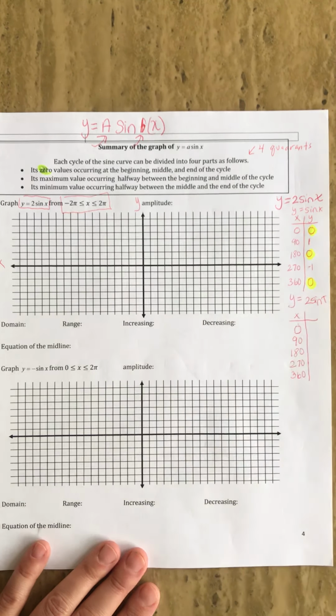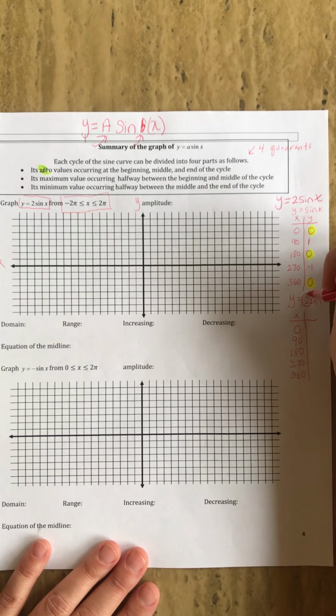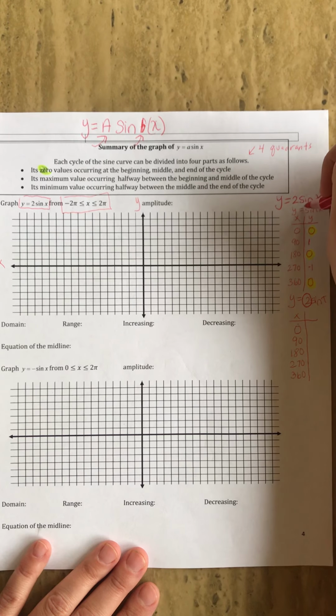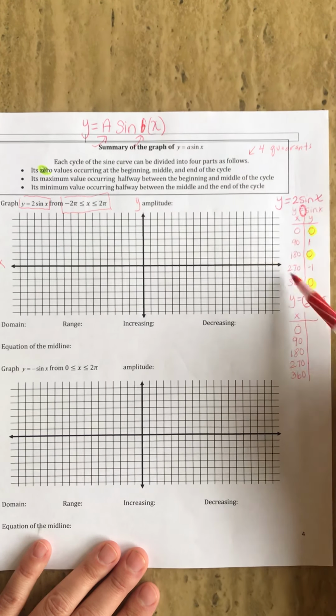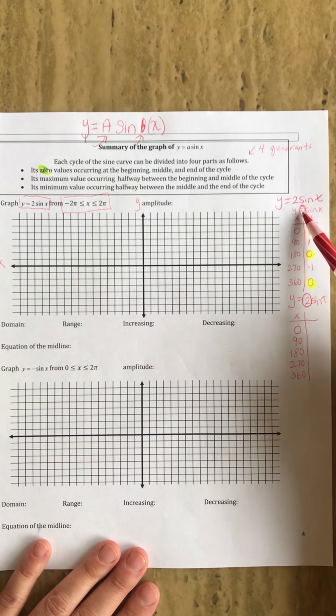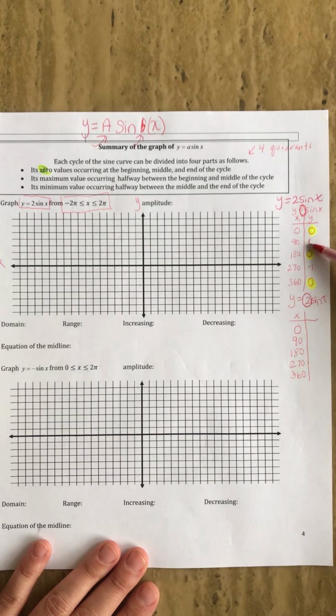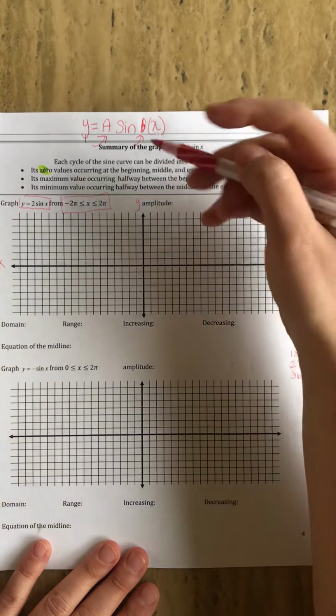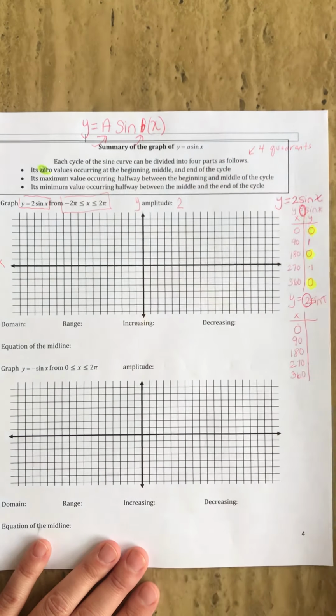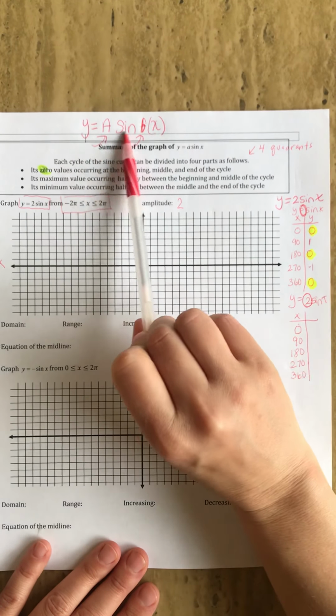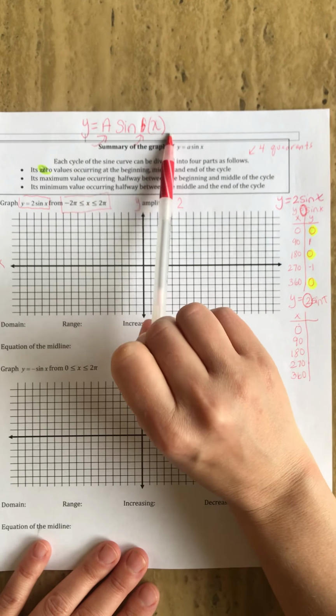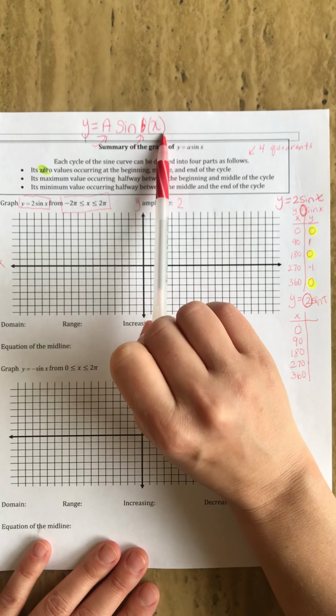And what happens now, the biggest change that I want you guys to notice is this right here, this 2. You guys can see whenever you don't have anything in front, this is y equals 1 sine x, where the amplitude goes up to +1. This is y equals 2 sine x. So now our amplitude is actually going to be 2. And you guys can see I wrote down the basic formula or equation for the sine.